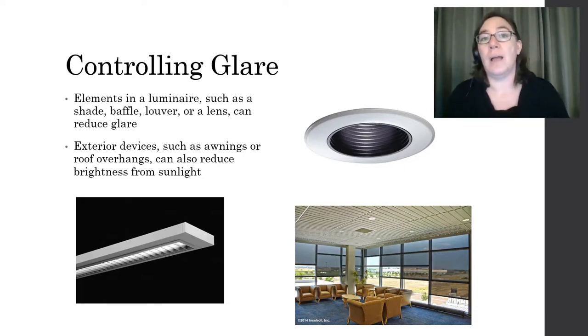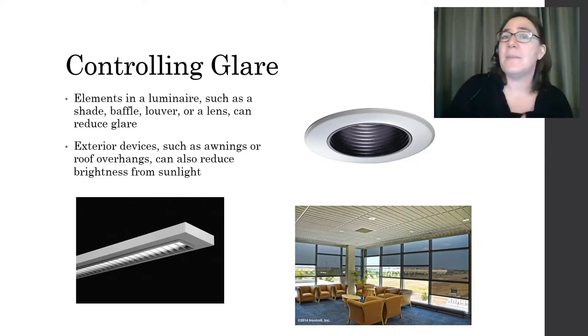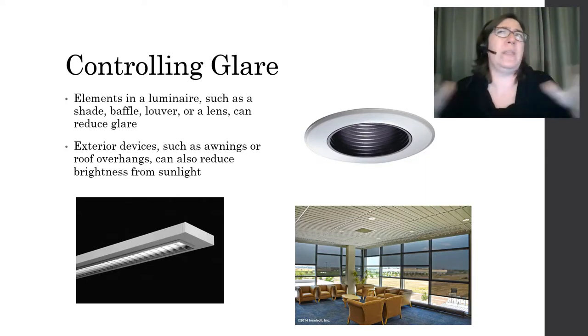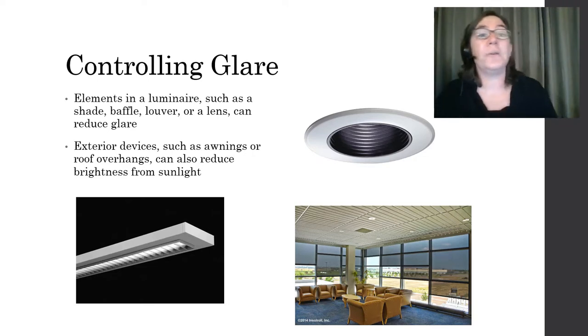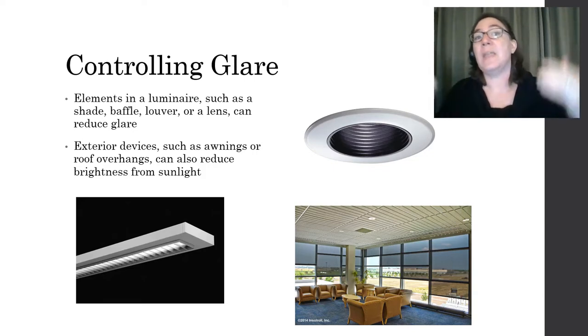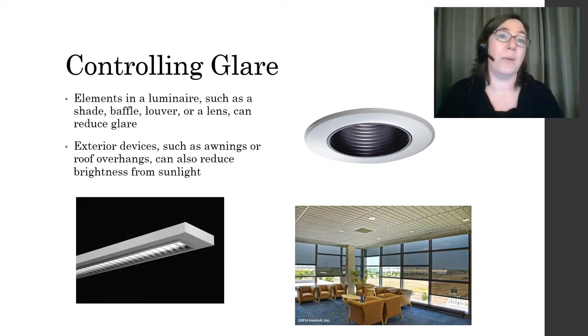These can all help to reduce glare. Kind of in the same category, only a little bit larger in shape, are some exterior devices like awnings, roof overhangs. They can reduce glare from the outdoors, from the daylight.